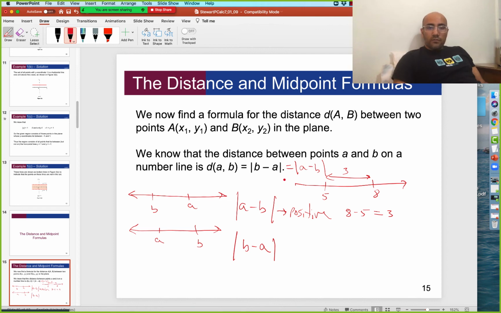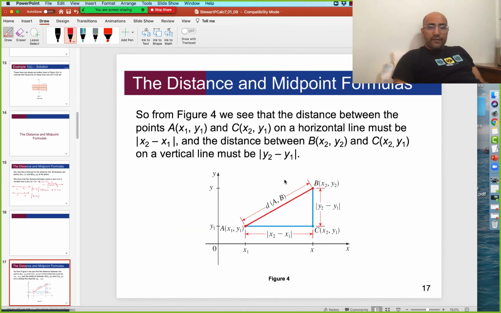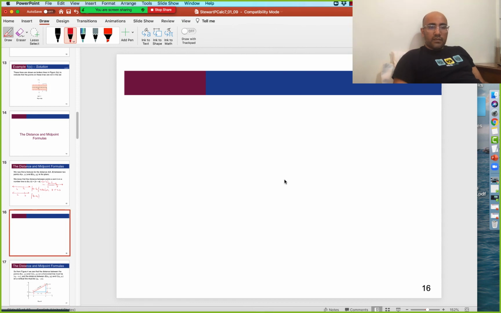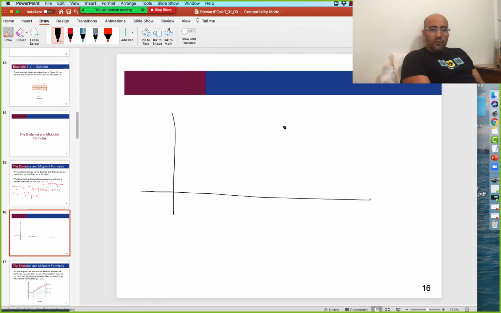No? Okay, so that's on a number line, but we want to get a little more creative because we want to think about the distance between 2 points on a rectangular coordinate system. So let's say that we have some point over here and some point over here.